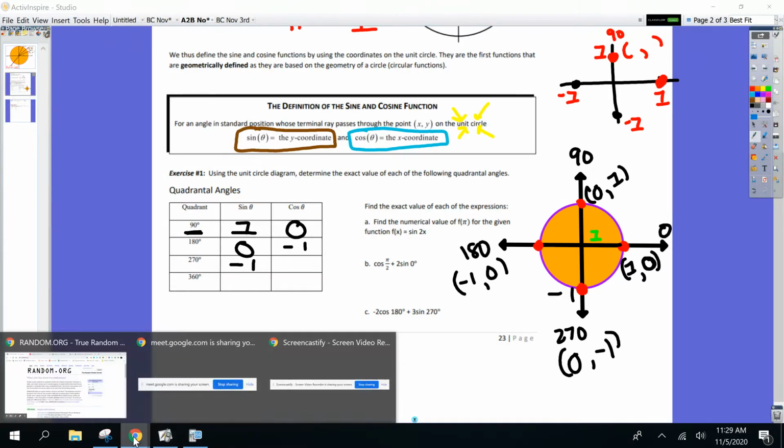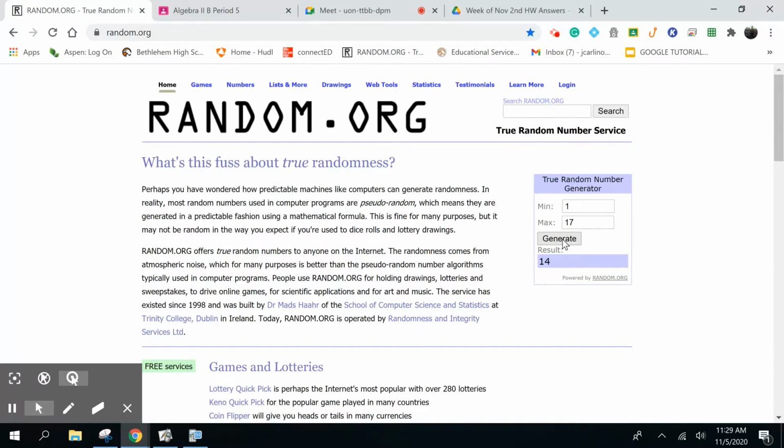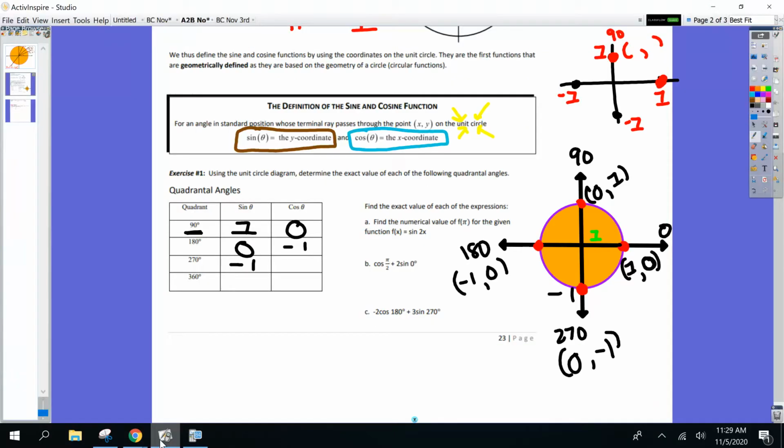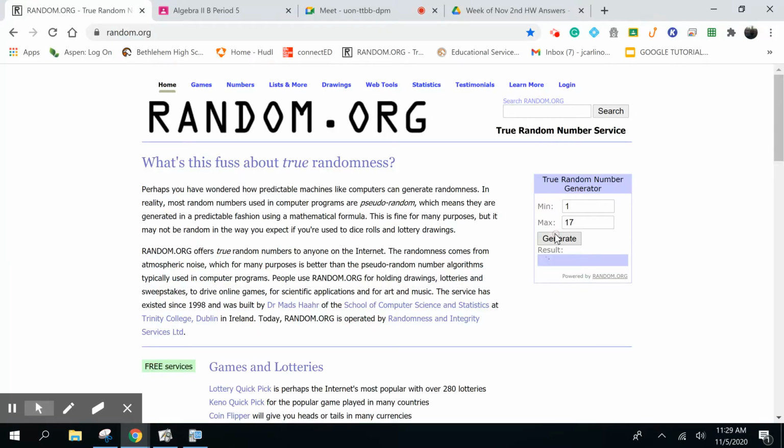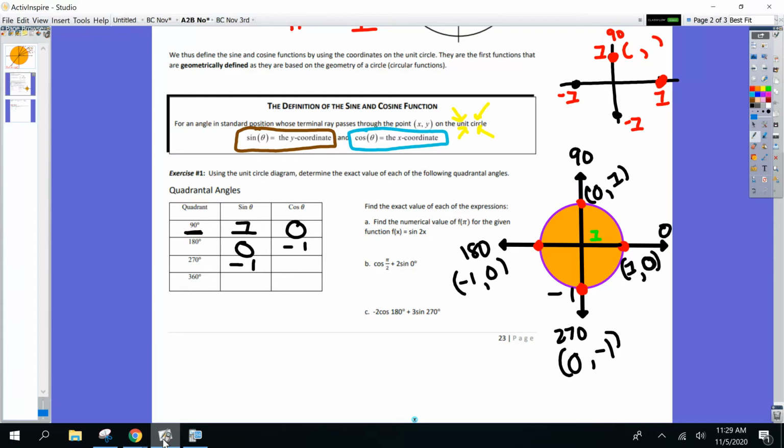Cosine of 270. Here we go, Liz, cosine of 270.